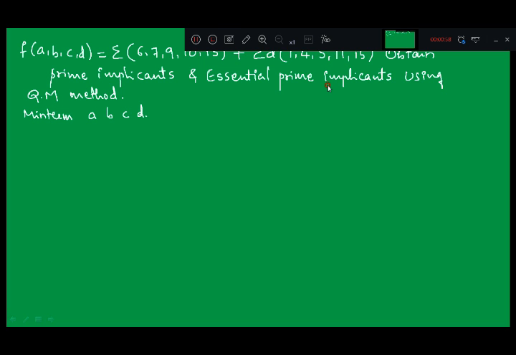Along with the essential prime implicants we need to obtain prime implicants also. In the last example we have seen how to fill that prime implicant table. Whatever terms you obtained in that prime implicant table are nothing but the prime implicants.